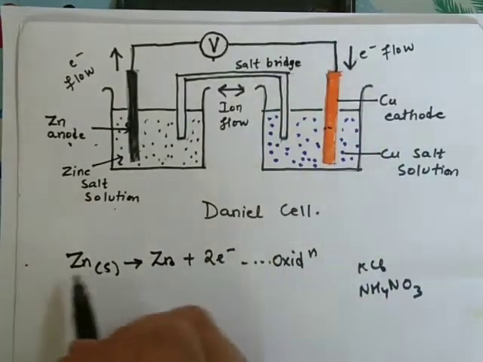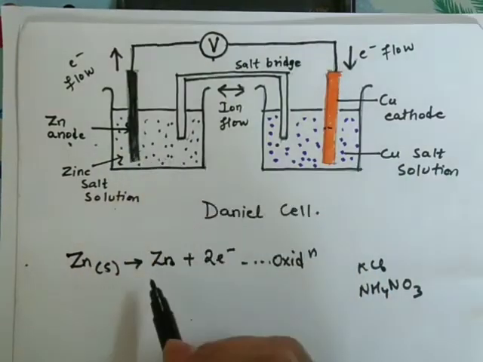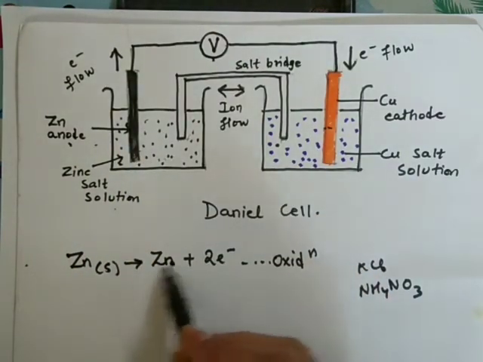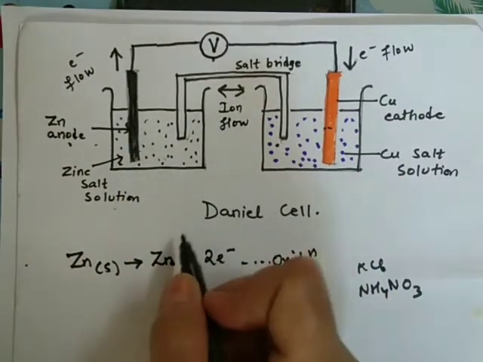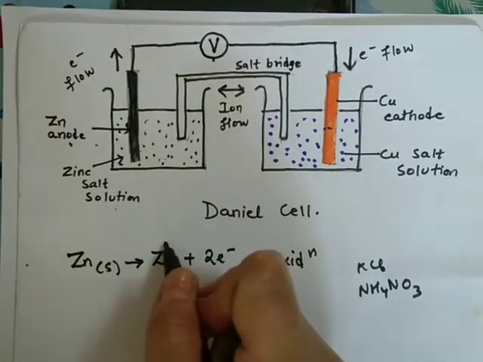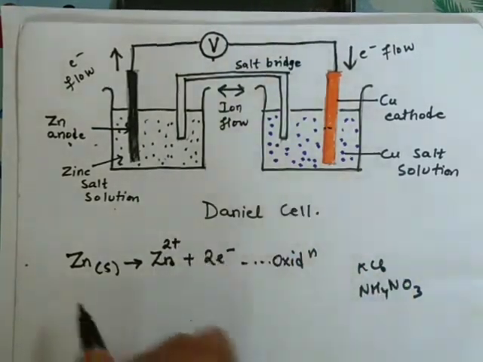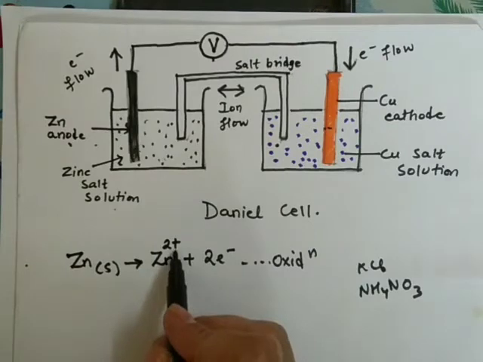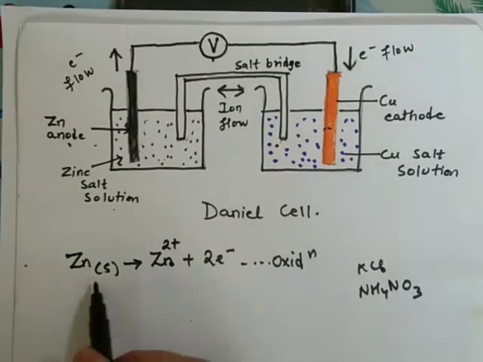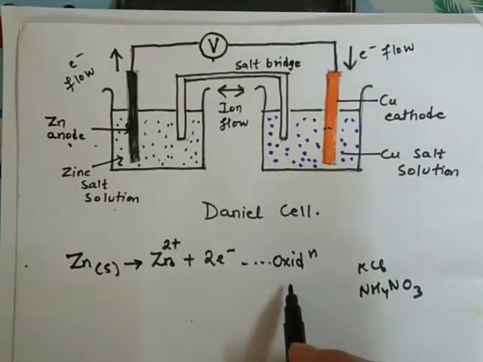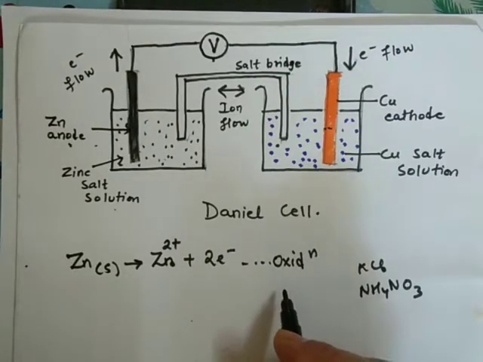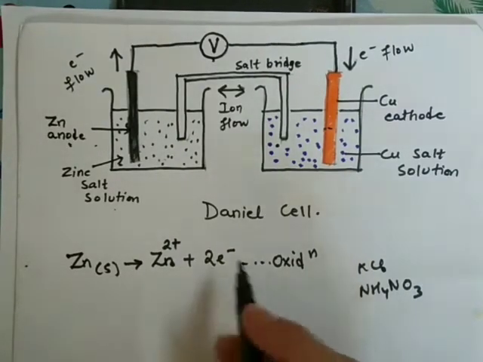So zinc atoms from the zinc plate, they give out two electrons and hence the charge on the zinc will be what? Zn2 plus. So 0 से plus 2 हो रहा है, it is oxidation. There is loss of electron, it is oxidation. And where is this reaction taking place? It is taking place on the anode.